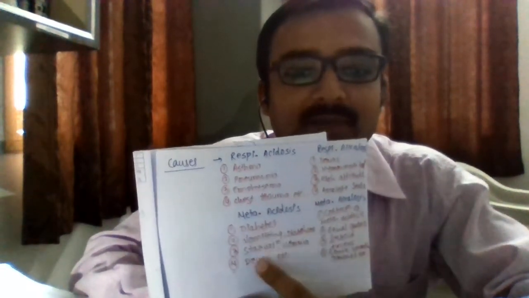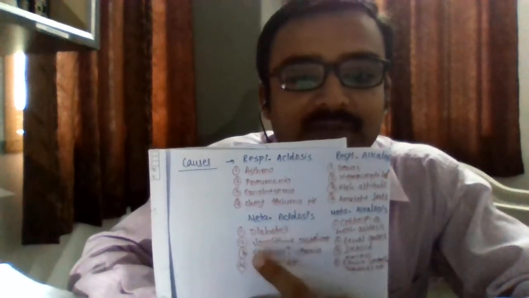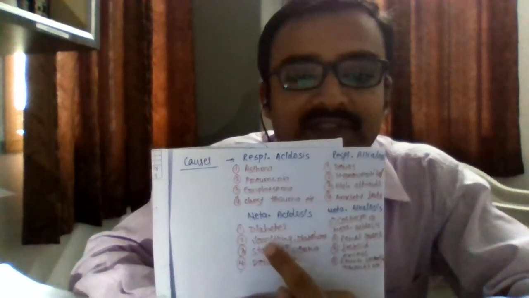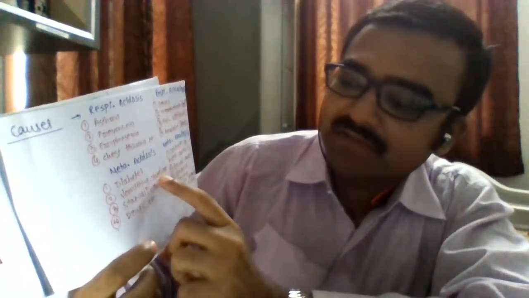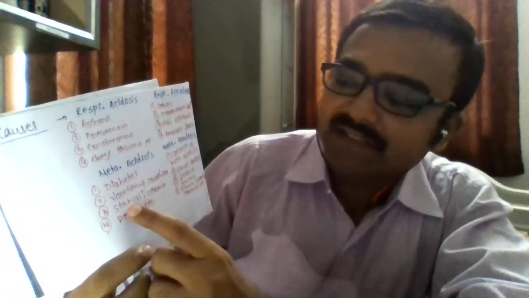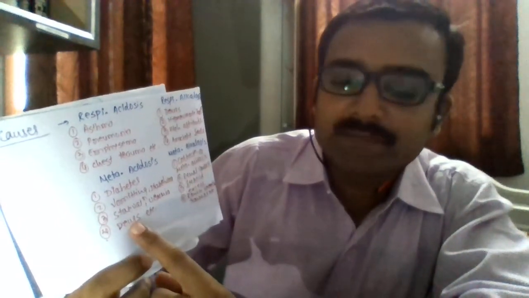Now coming to metabolic acidosis, it can result from metabolic disorders like diabetes mellitus. It can also result from severe diarrhea and vomiting, which will result in the elimination of bicarbonate ions, severe starvation, uremia, and some drugs.